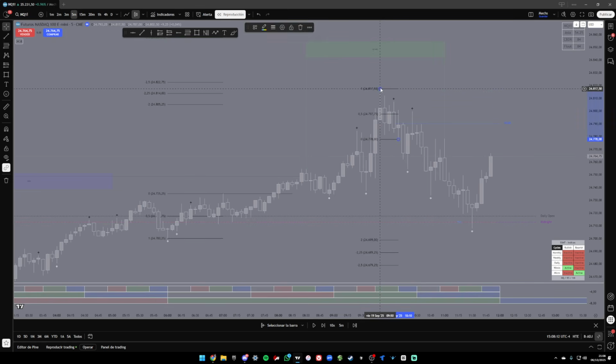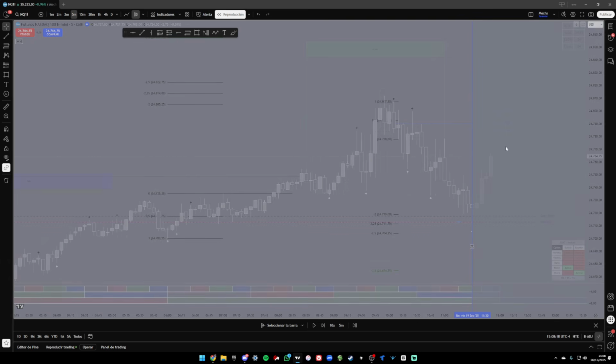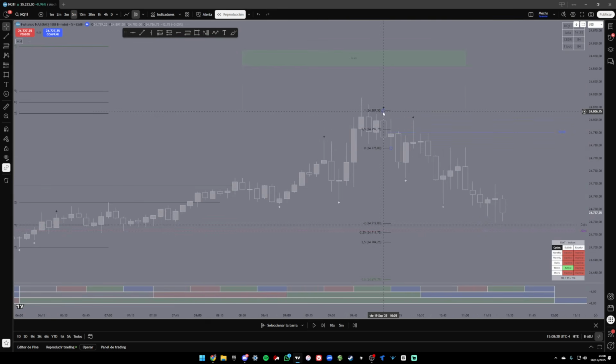So we can just take the last high on the accumulation to the start, to the breaker structure, boom, alignment, 4 hour.